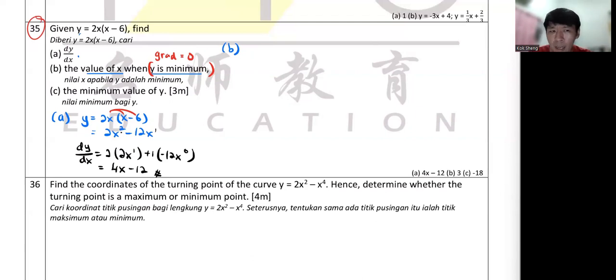Maybe you still don't get what this sentence means. I repeat here, the y here is a curve, right? So that's why the curve gradient is 0. So it's just back to the same thing. Curve gradient is 0. Curve gradient also equals dy dx.